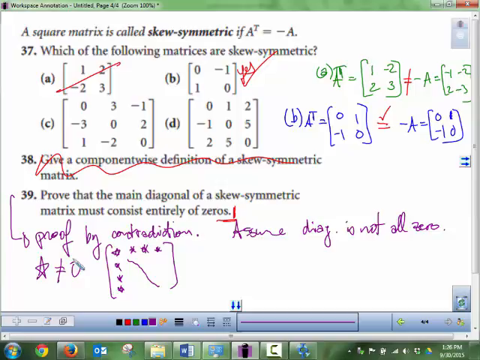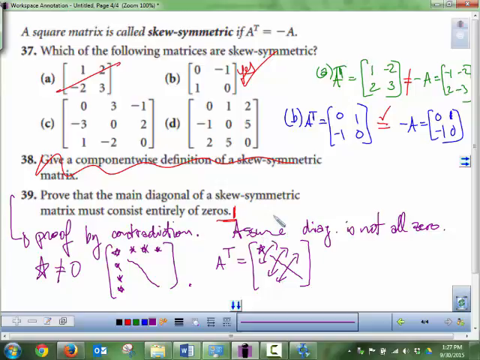Okay? So what happens is that A transpose is going to leave star alone. It's not going to do anything with star, but it's going to switch the rows and the columns. Everything from the rows would go as columns, everything from the columns.